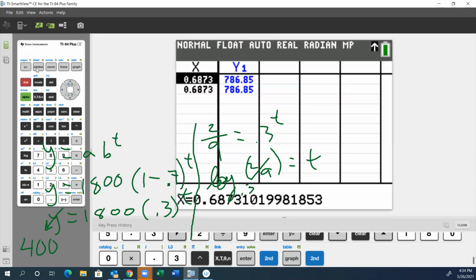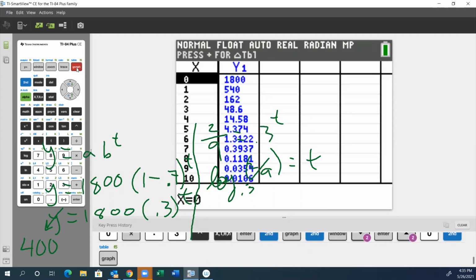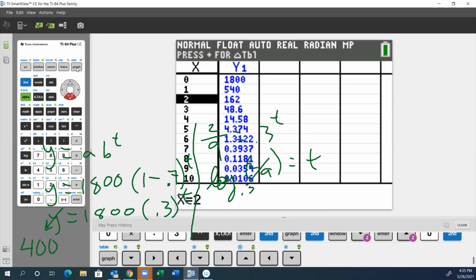Oh, wait a minute, I gotta go second window. Let's start off at year 0. So at year 1, we're down to $540 of value. At year 2, we're down to 162. So somewhere between year 1 and year 2. In fact, exactly 1.25. So that is how we would do it.